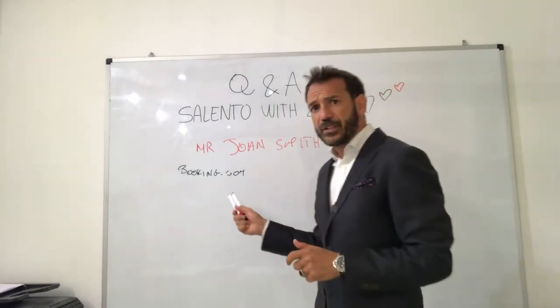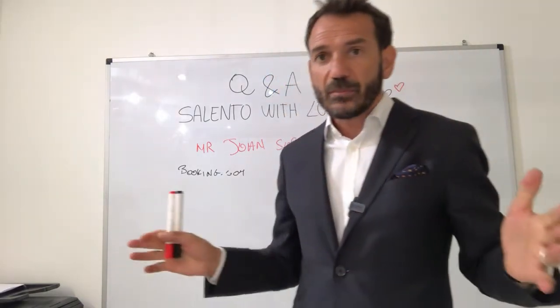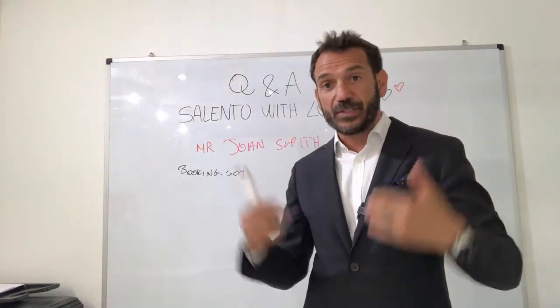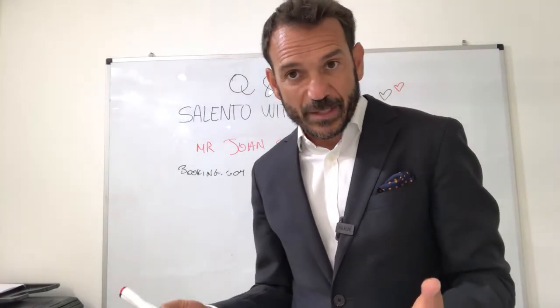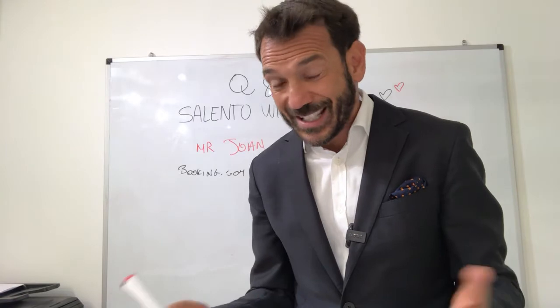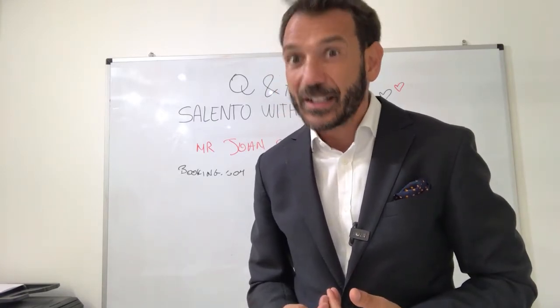After he's put the property on one of these portals, the property starts to receive some inquiries. And if he rents the property, the question is, does he need to pay tax on the money that he makes? And the answer is yes.